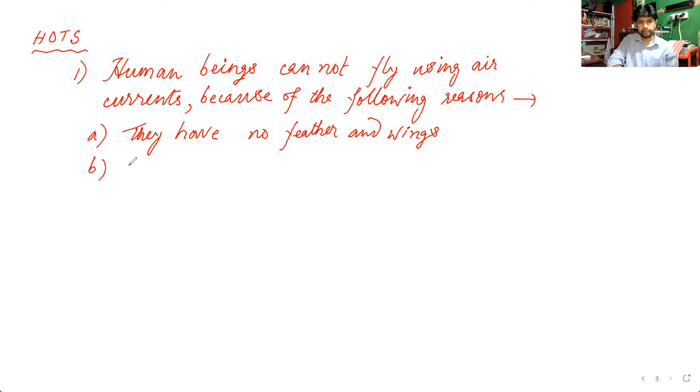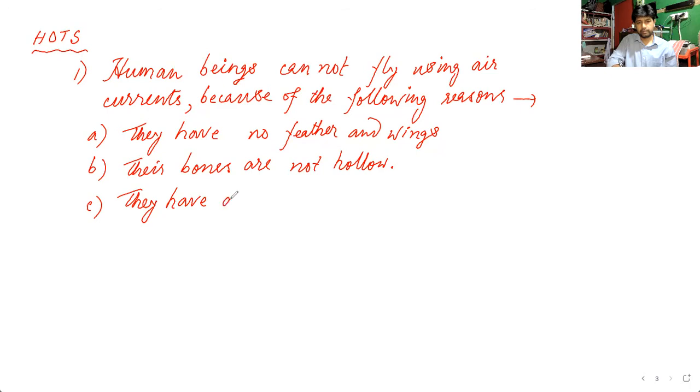Number B. These are the reasons. Write down.